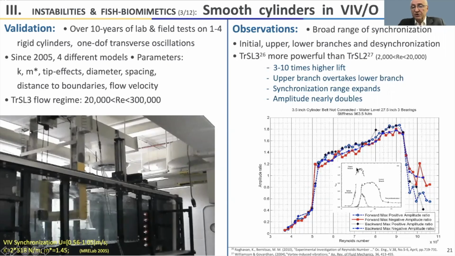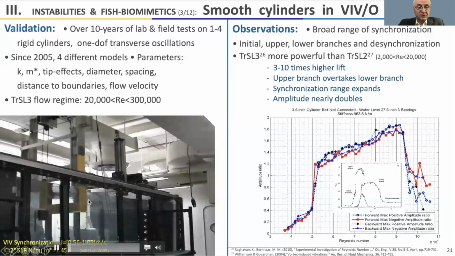The common characteristic, of course, is that you have a broad range of synchronization. This range of synchronization depends on the stiffness and the mass of the oscillator based on the eigenrelation that we derived last year. And when you put this into practice, you have here a smooth cylinder oscillating, connected with a generator, and then it lights bulbs.